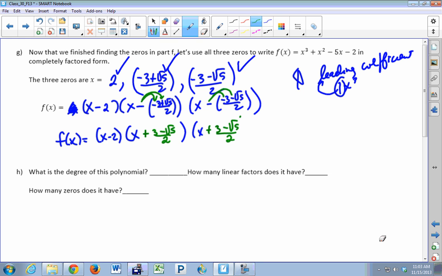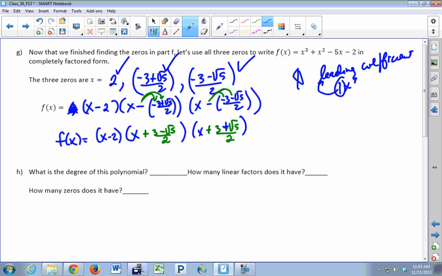Notice how they look the same again, except you have a plus and a minus here. Whoops, wait a minute, I screwed up. That's a plus square root of 5. Okay, plus. And notice your subtraction changed to addition because your negative b term there was also a negative.